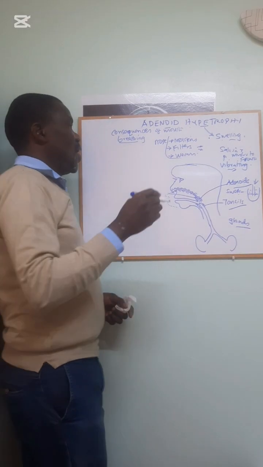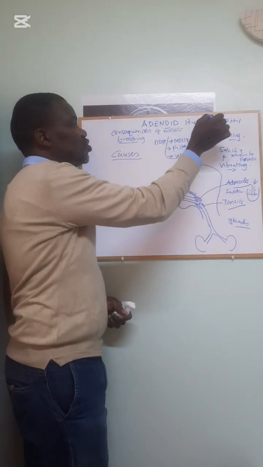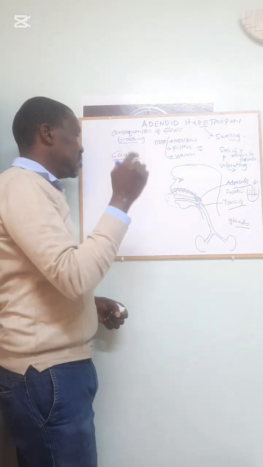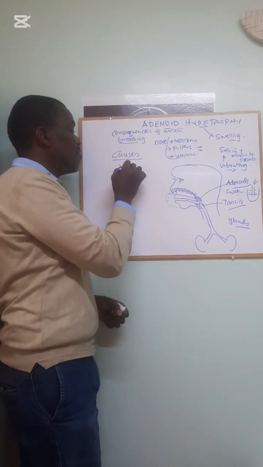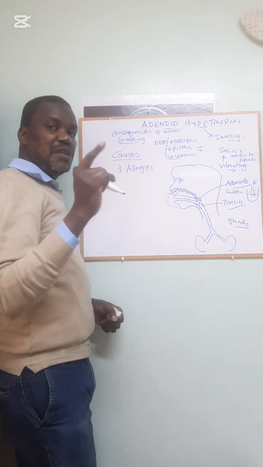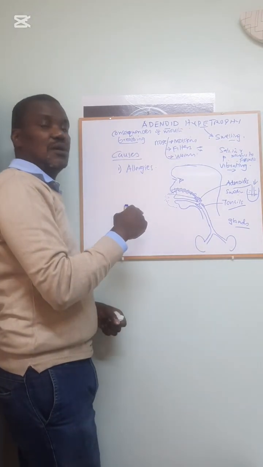Now, what causes the adenoids to be hypertrophied and the adenoids to be swollen? Number 1, these are usually children who have issues with allergies. Remember in my previous video, if you watched, we talked about this thing.